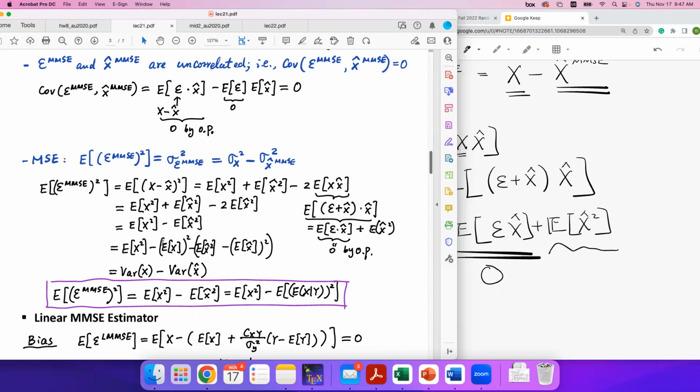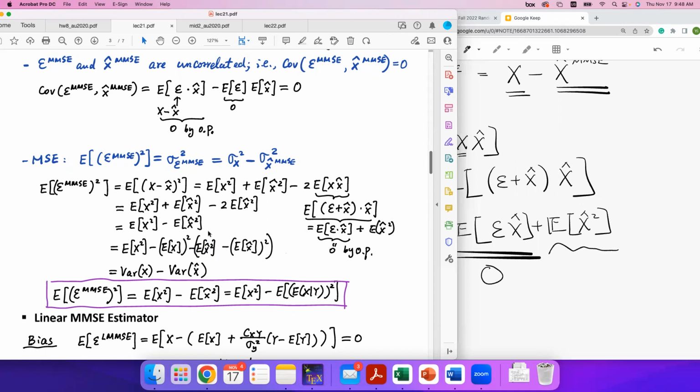Now, from here to here, these two terms are exactly from the previous line. And we introduce these additional terms, x and x hat. We subtract the mean of x to the power of 2, and plus, you see there are two negative signs here, plus the mean of x hat to the power of 2.